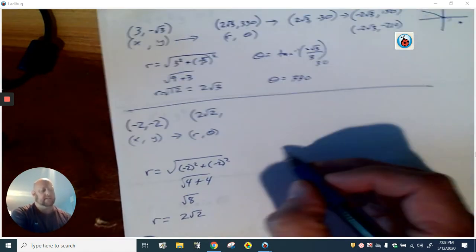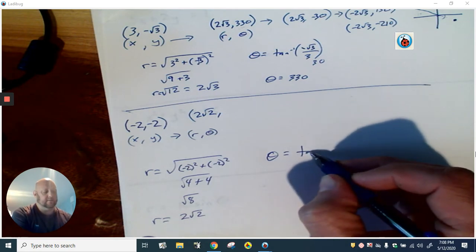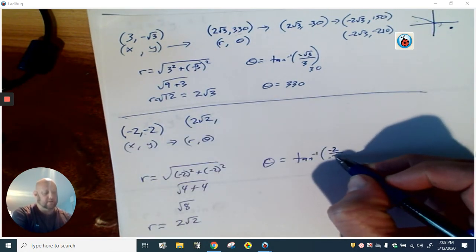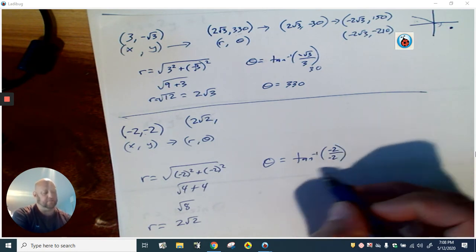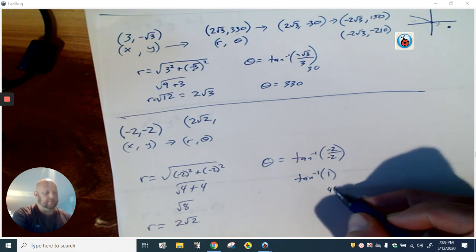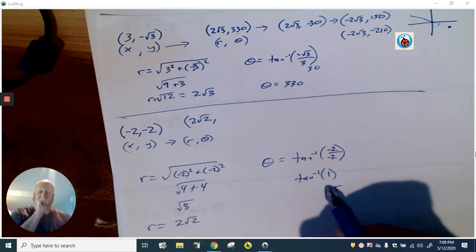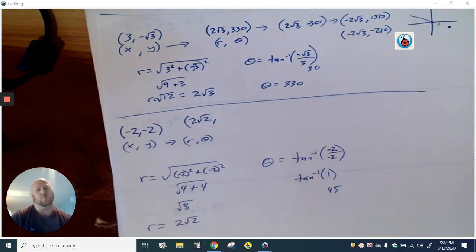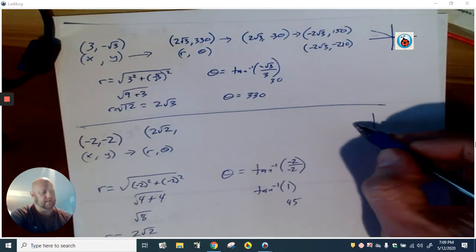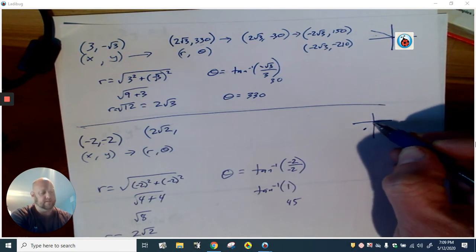Okay, and the way we find our theta is just the inverse tangent of our y over our x, and that's just 1, and we know tangent is 1 at a 45. Technically, it's positive in 2 quadrants, first or third. What quadrant do we want to get to? Well, if you just think about that point, negative 2 would be down here, right?